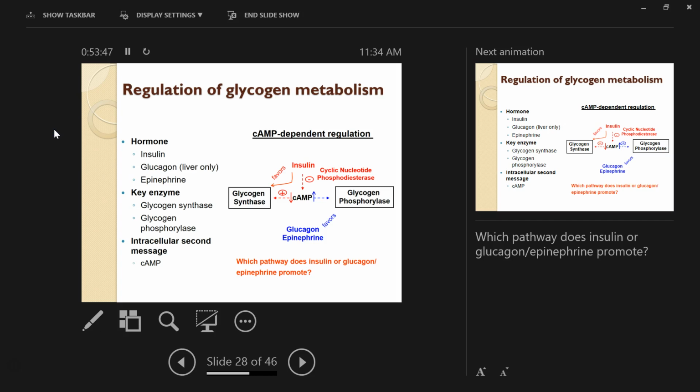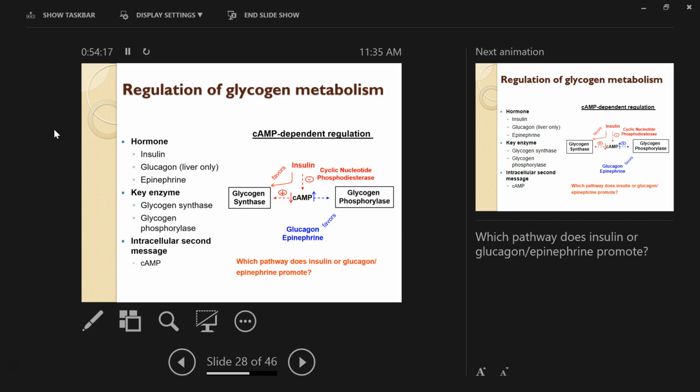So when insulin inhibits this enzyme, the formation of cyclic AMP is decreased. So we have lower cyclic AMP with insulin. The plus sign means stimulates or activates, and the minus sign means inhibits or decreases, right?